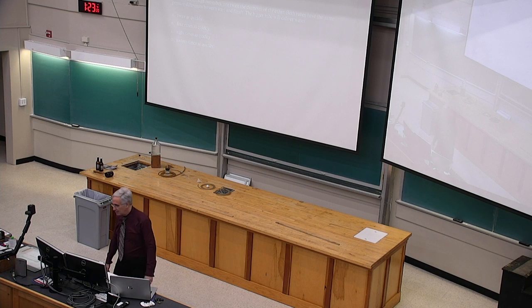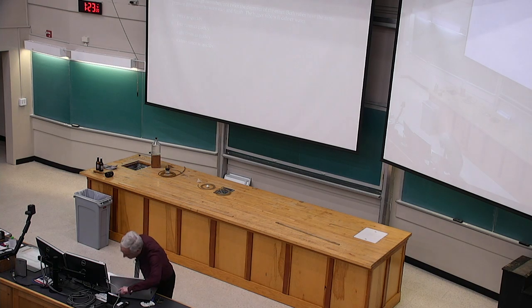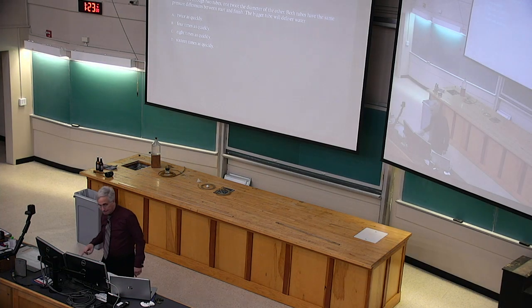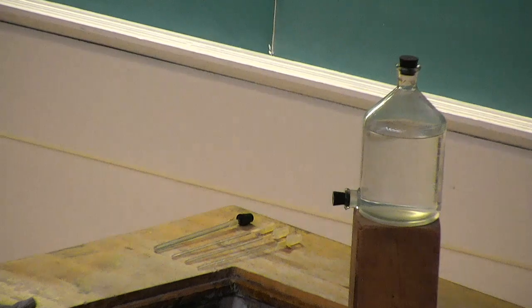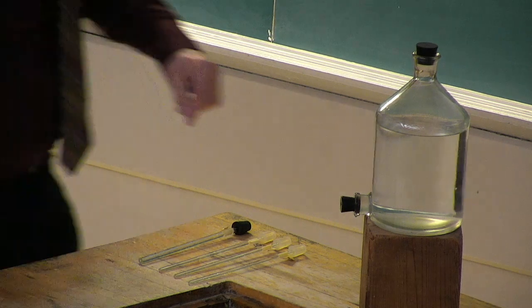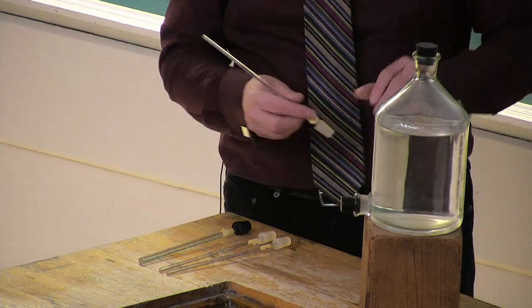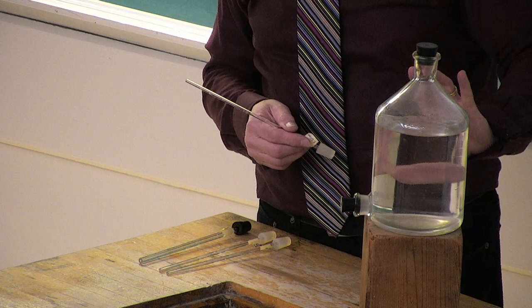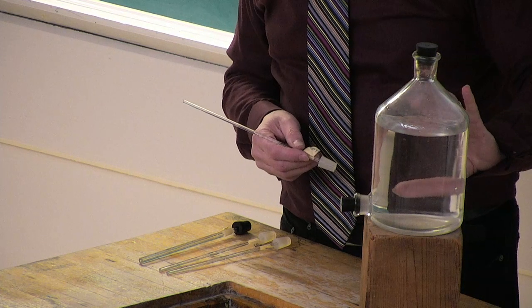Okay, so to do this, I have to dim the lights and then zoom the camera in. So we look at that tank of water, and I can put in a little hose. The water's pressure is going to come from the height of water above the opening here.